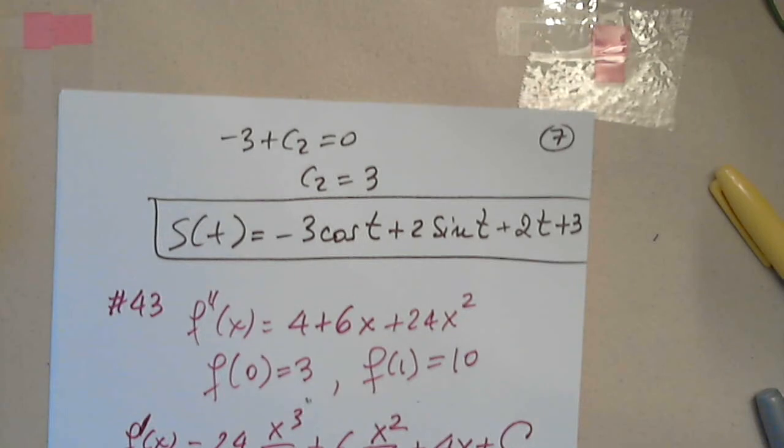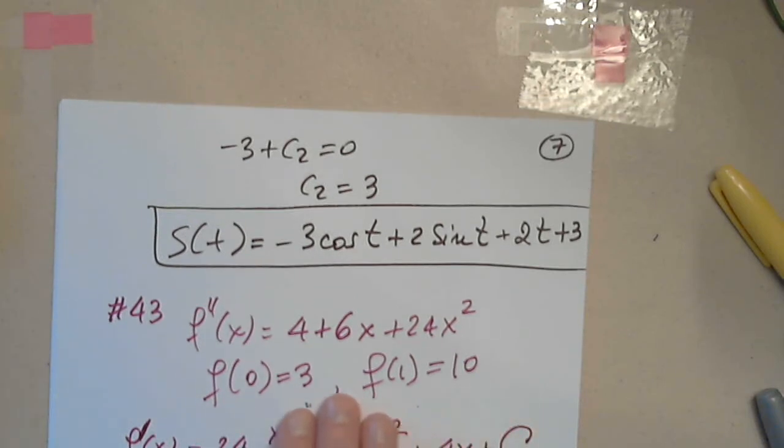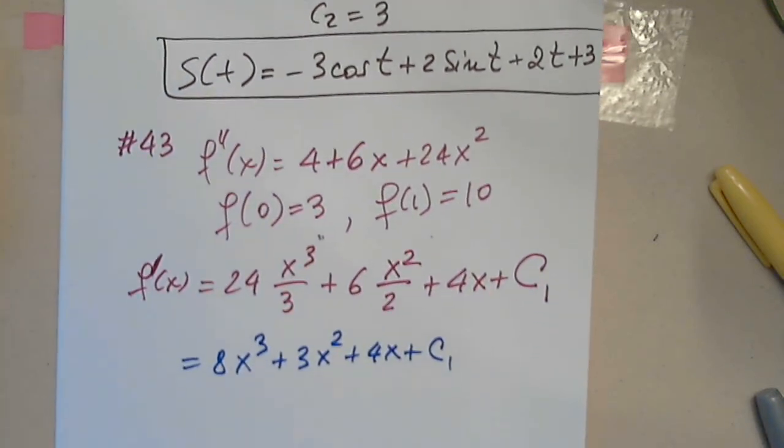I do not have any information. I'm not given a condition, or a boundary condition, it's called, for f prime. So I have to continue. Now I finally reach the function.